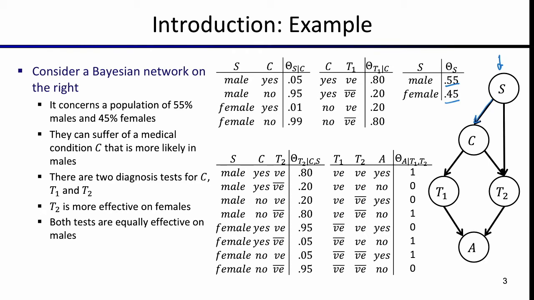We can look at this table, and we can see that 5% of the male population has the condition, while just 1% of the female population has the condition.